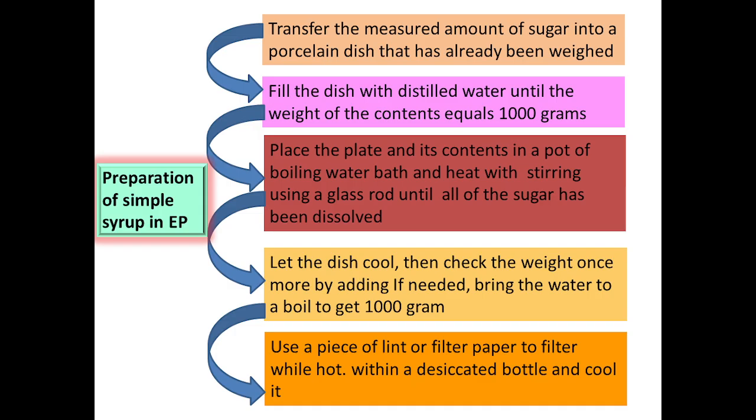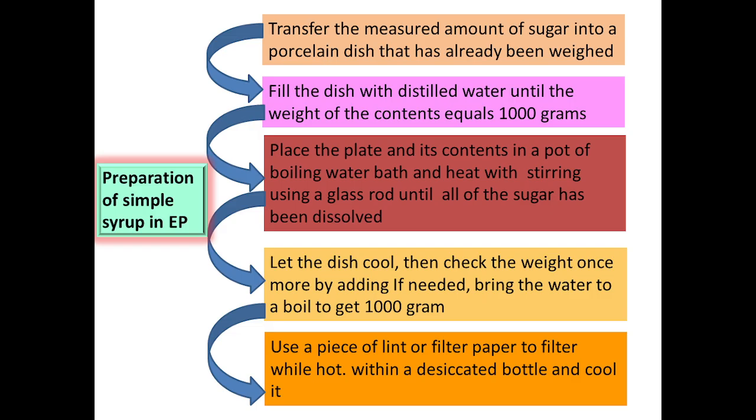So first you have to take an empty porcelain dish, take the weight of the empty dish, add the measured amount of sugar, and fill that dish with distilled water so that the weight of content is 1000 gram. Now place that porcelain dish on a boiling water bath and heat it, and with continuous stirring dissolve that sugar completely into the distilled water.